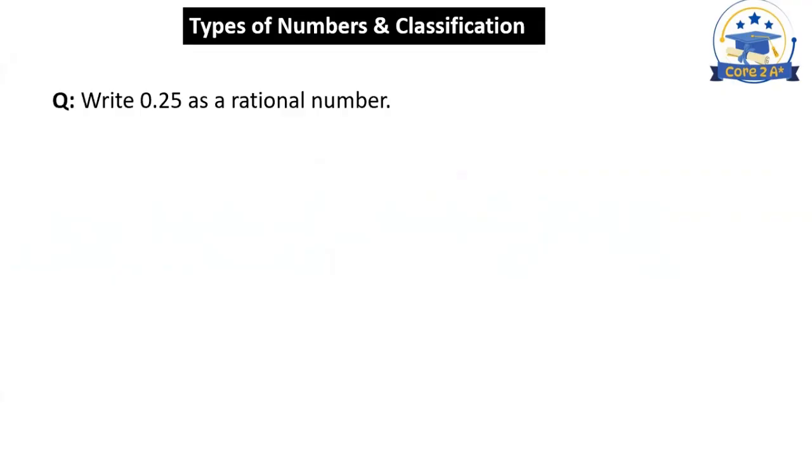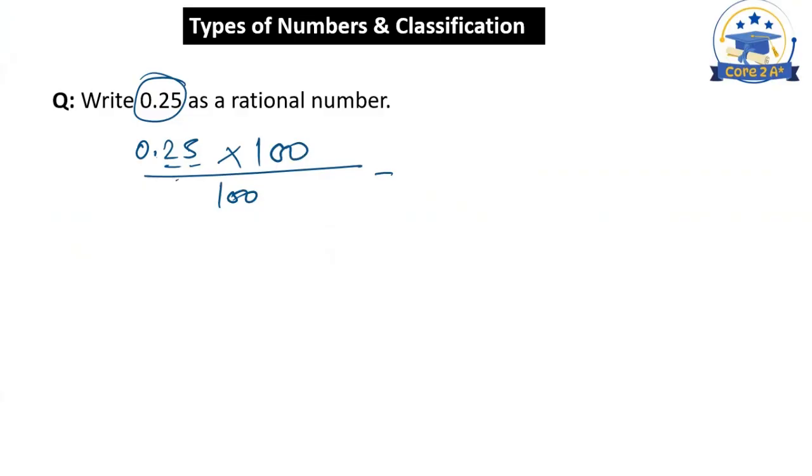Next, write 0.25 as a rational number. So again, we have to write this in P upon Q form, 0.25. How can we remove this decimal? Because after 2 digits we have a decimal, so 2 digits means we have to multiply by 100.